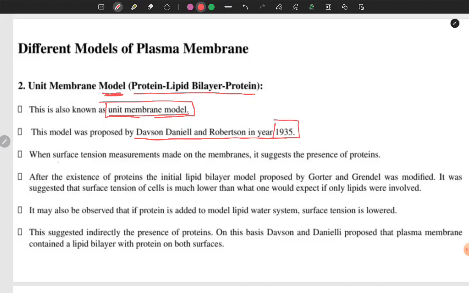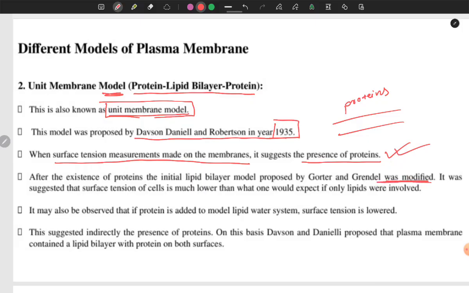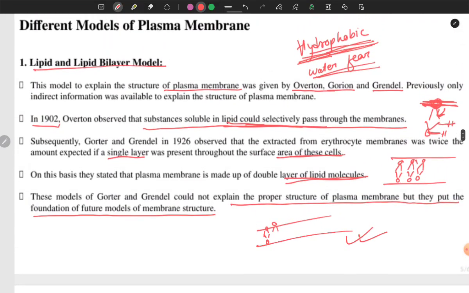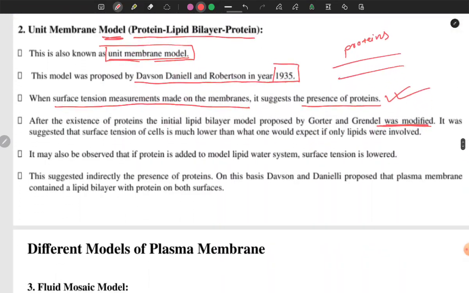When surface tension measurements were made on the membrane, they suggested the presence of proteins. They discovered that in the plasma membrane, proteins are present. After the existence of protein, the initial lipid bilayer model, the first model that we have learned, was modified.